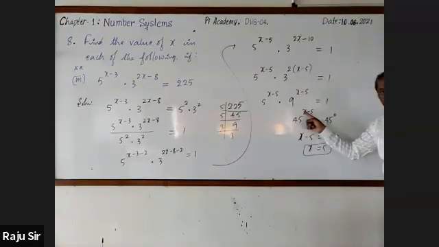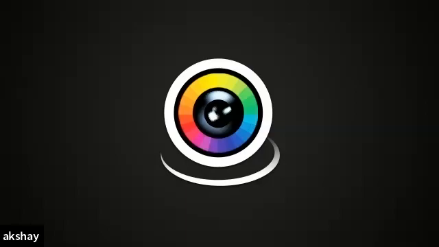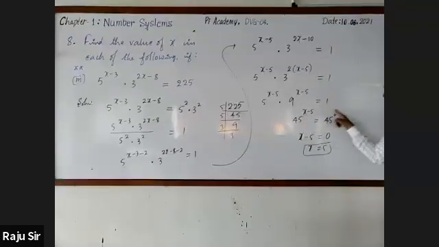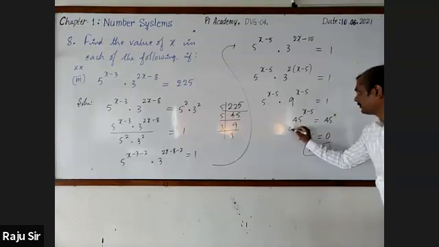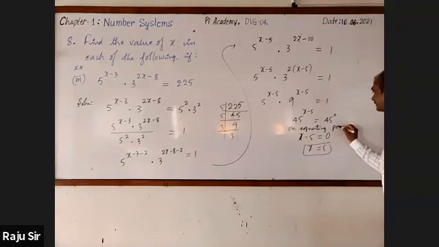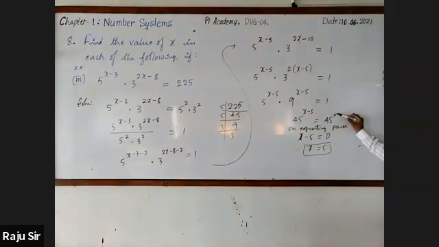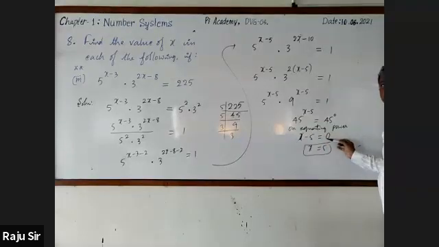If I want to find out the value of x, here also the base should be 45. We know that 45 raised to the power 0 is 1. So in place of 1, I have written this. I have equated the powers: on equating powers, x minus 5 is the power, and here the power is 0.